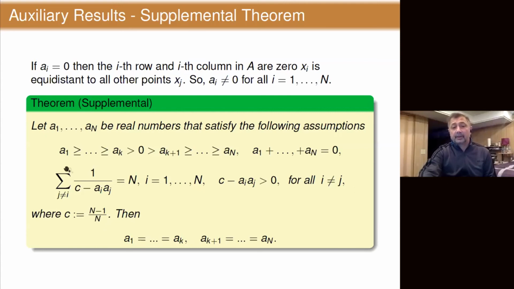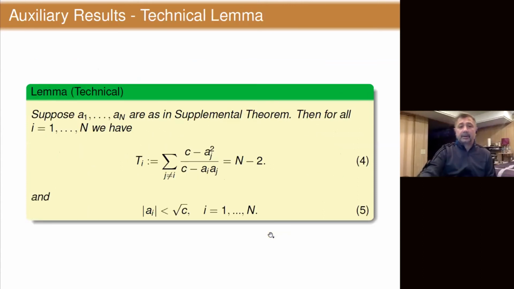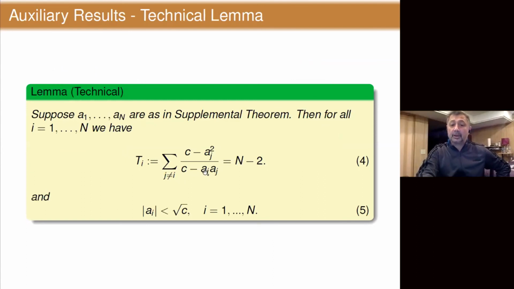Then the first k are equal, and the others are also equal. That's the conclusion. And this is a technical lemma: if we have a_1 through a_n as in the supplemental theorem, then that sum t_i will have to be n − 2. Now observe that this is true for all of the i's, right?